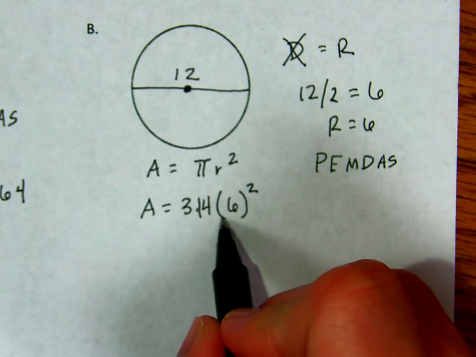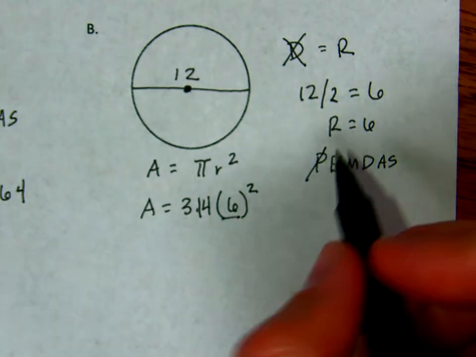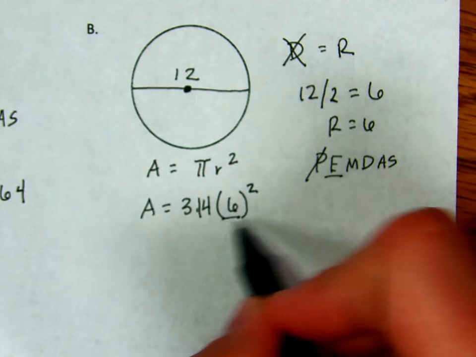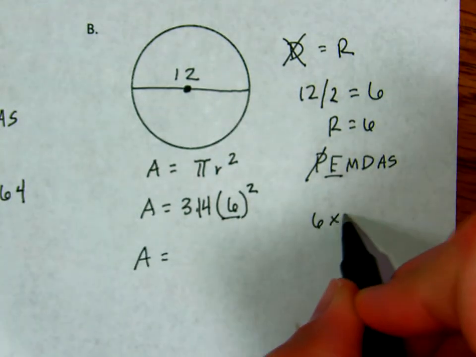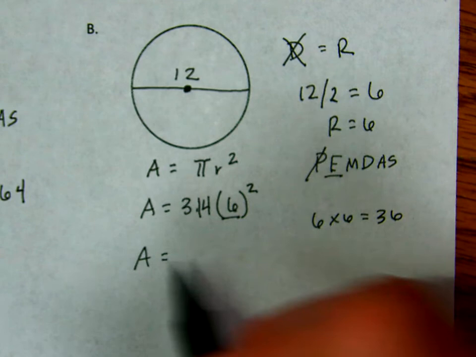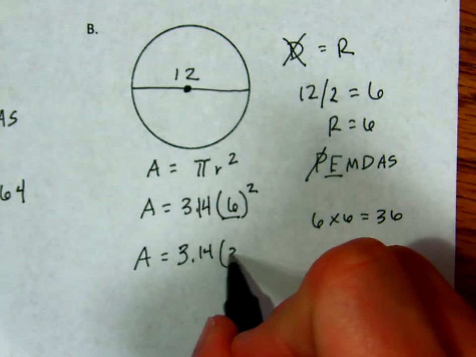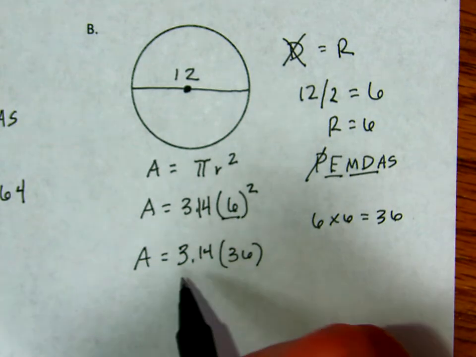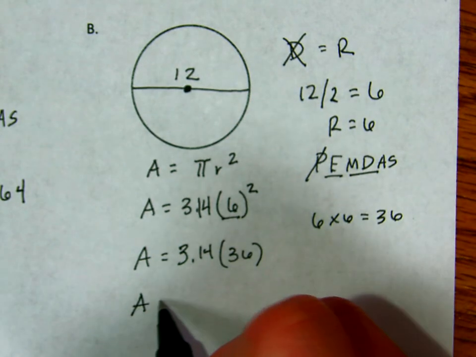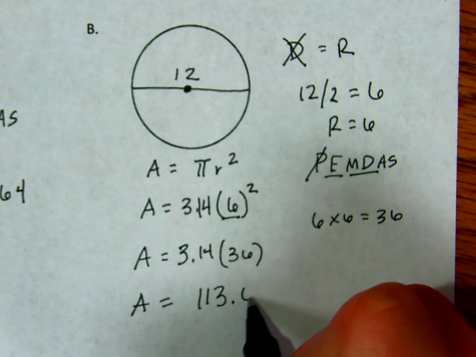Is there anything inside these parentheses we can do? No. Exponents. We do have an exponent. Once again, squared means multiply times itself. So now we've got 3.14 times 36. Multiply or divide. We multiply here and get 113.04.